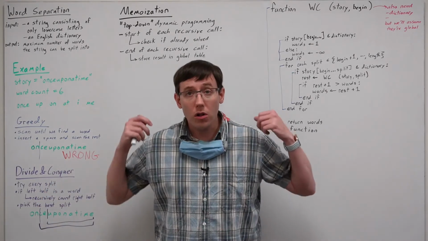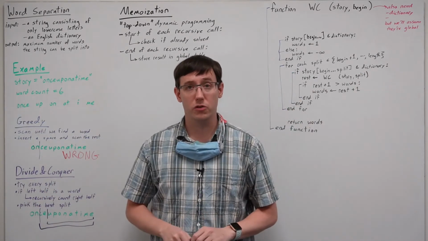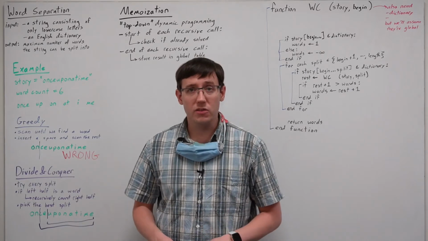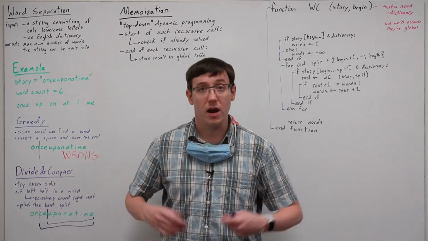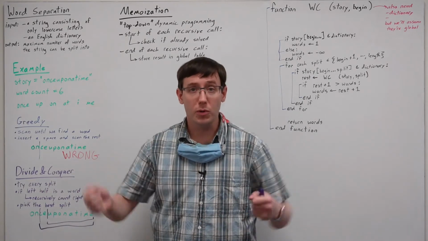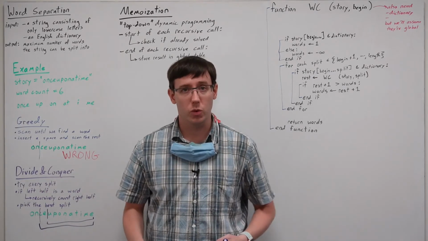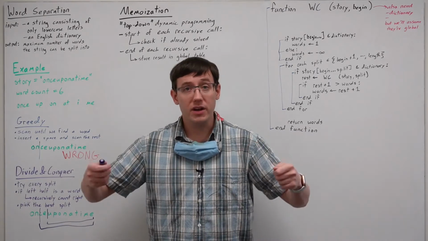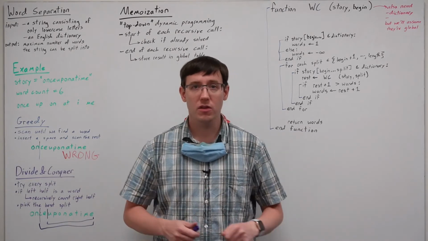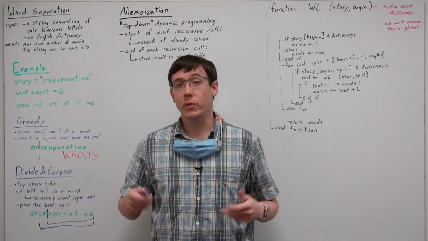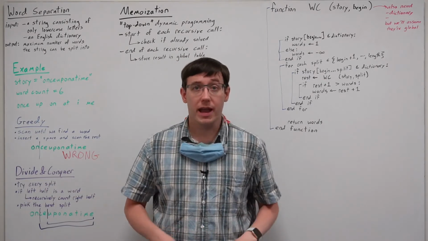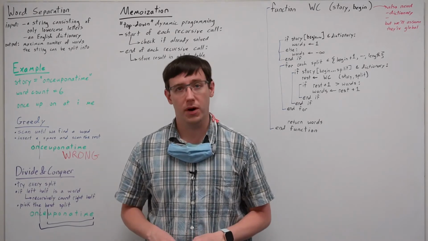And so all of those recursive calls are being duplicated. So in the worst case, if our story has lots of substrings like upon that have multiple ways they could be split into valid words, then every time we have such a case, the number of recursive calls is going to double, and we could easily end up solving an exponential number of subproblems.